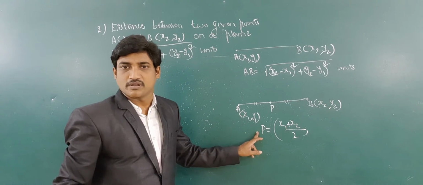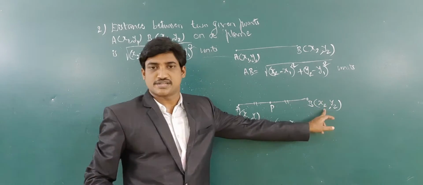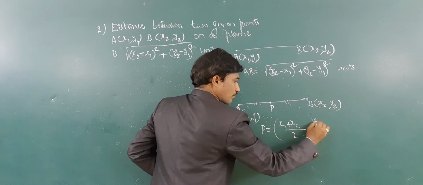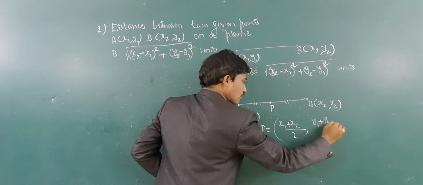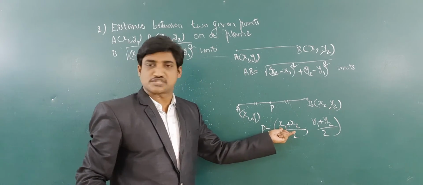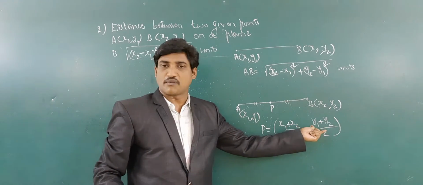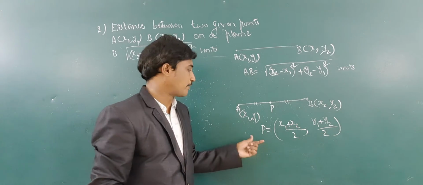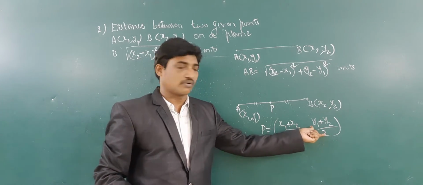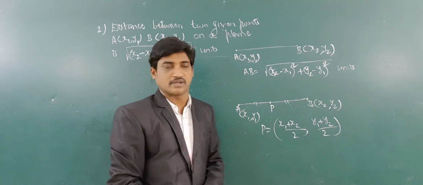By taking the average of the y coordinates, we get the y coordinate of the midpoint as y1 plus y2 by 2. So the midpoint P is equal to the ordered pair (x1 plus x2 by 2, y1 plus y2 by 2).